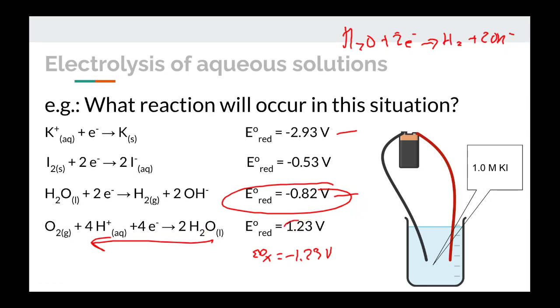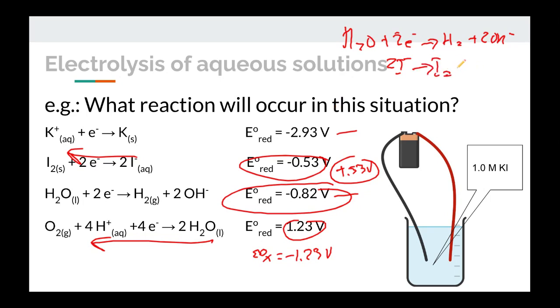So it's just the minus of that, compared with positive 0.53 volts for the reverse of that, for the oxidation of iodide. This is the most positive oxidation potential of the two, and so that means the iodide ions are going to oxidize to I2 and release 2 electrons.